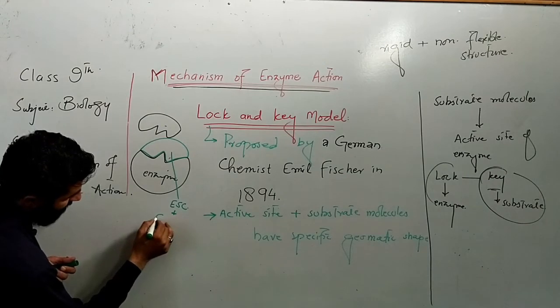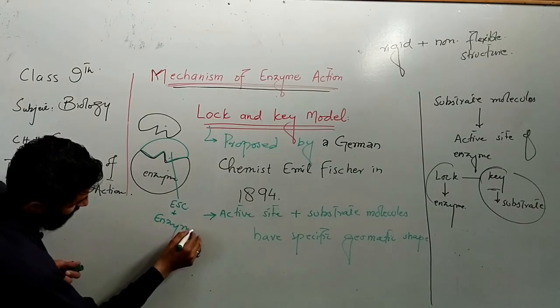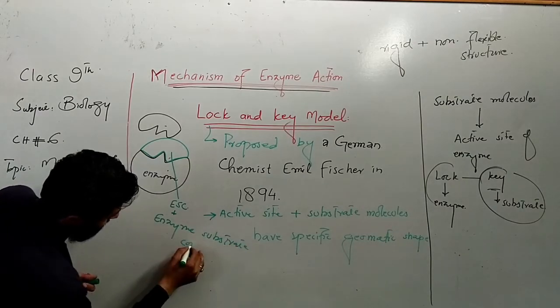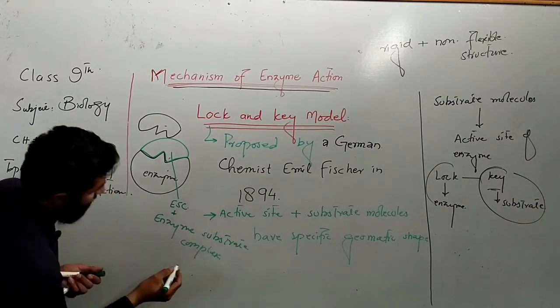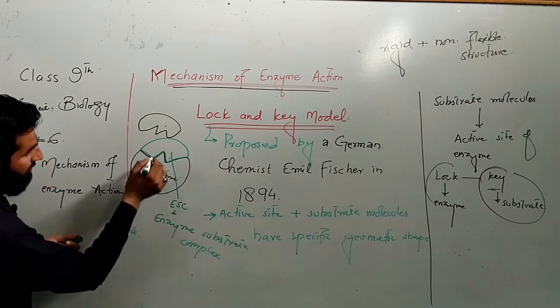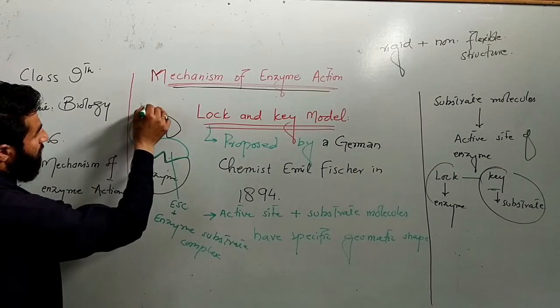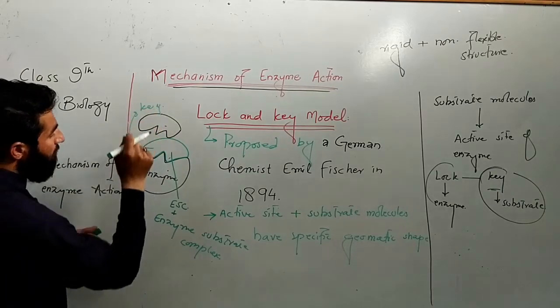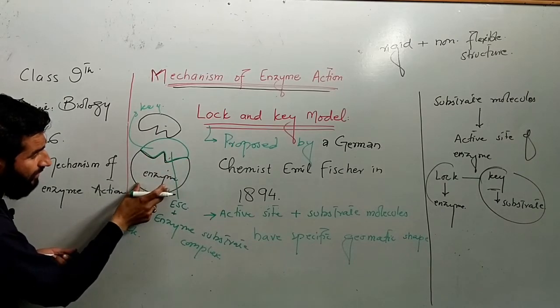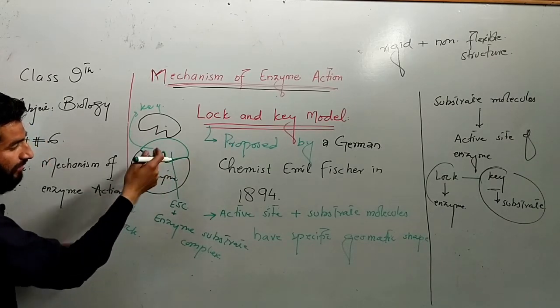Enzyme substrate complex. The enzyme molecule is just like a lock, while the substrate is just like a key. When the substrate molecule combines with the active site of the enzyme, it changes the shape of the enzyme molecule.